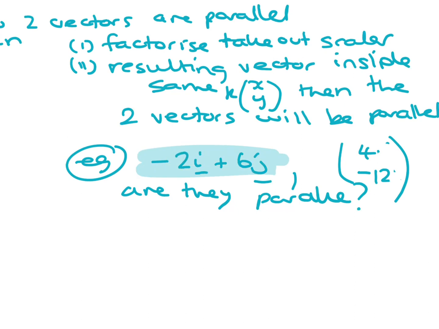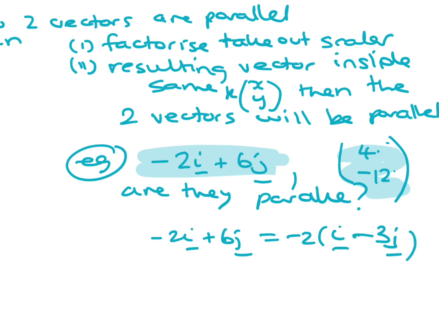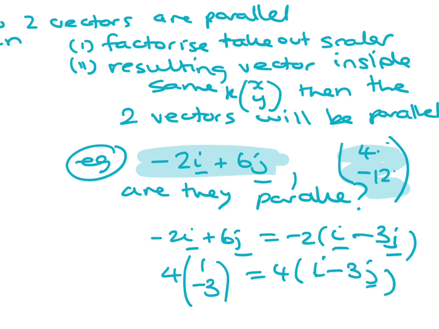If you take out the common component, the first one, minus 2i plus 6j, would be minus 2 times (i minus 3j). And if you took the 4 out of the other one, that would be 1 and minus 3, or 4 times (i minus 3j).